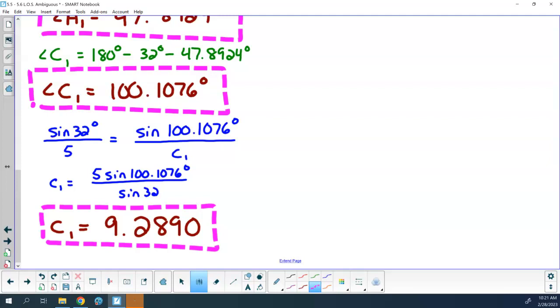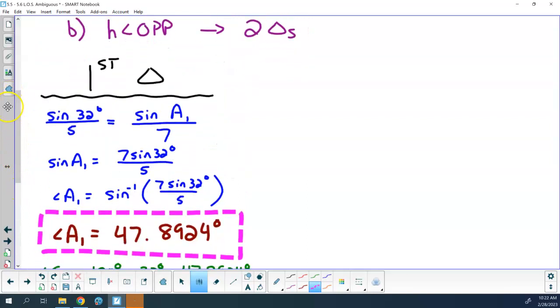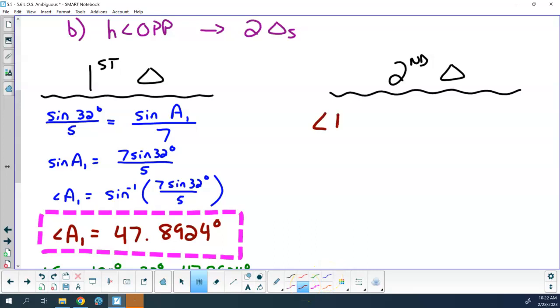Okay. Now, here is the kicker. Now we're going to go to our second triangle. And the first thing that we're going to do is angle, I'll put this in my favorite color, angle A sub 2.